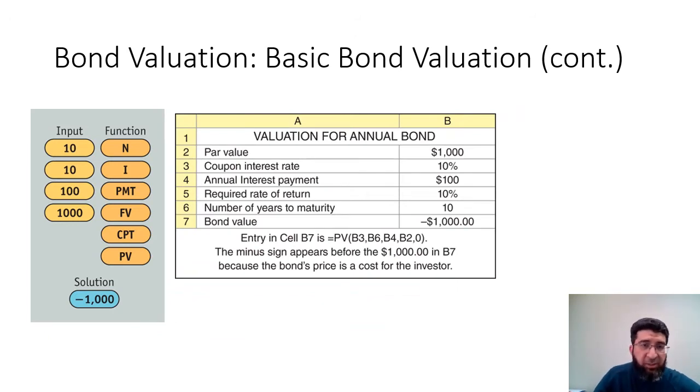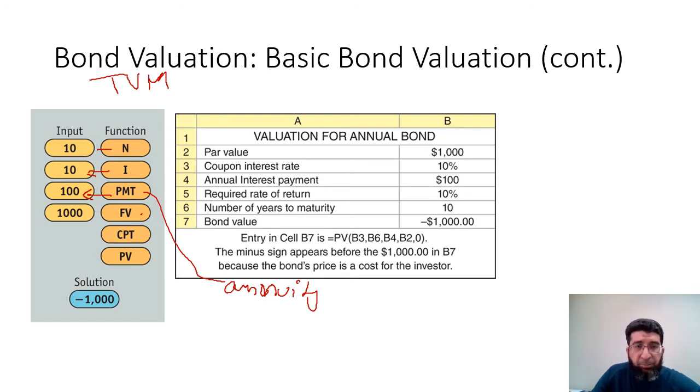We can use the calculator to do the same, and it's the same function that we used in time value of money, the TVM functions. You have to put N equal to 10 years, I equal to 10%, which is 10, and PMT, which is used for annuity, is $100.